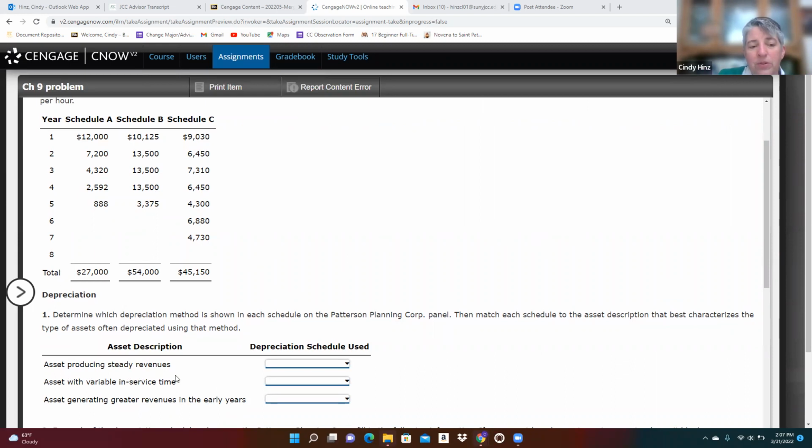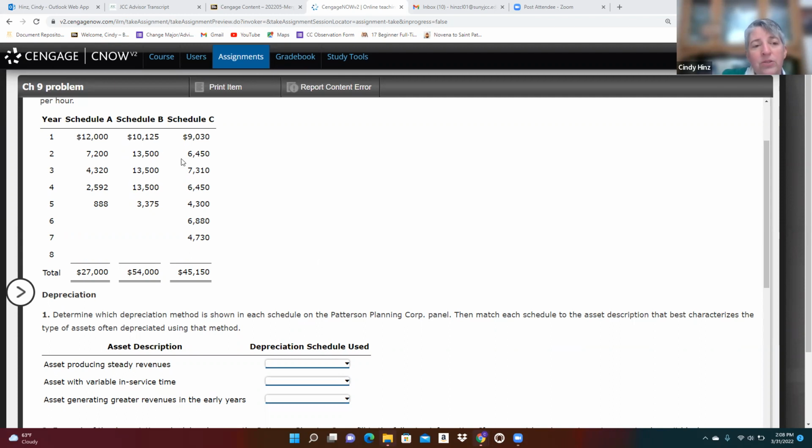So for an asset producing steady revenues, we may want to use the straight line method, where we record the same depreciation every year so that we're getting a good match between the revenues being generated and the cost of that equipment or whatever the asset is.